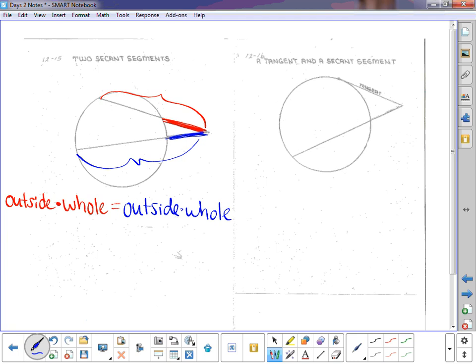Or outside times the entire. Outside times whole equals outside times whole. Okay, so inside it was piece times piece. Here it's outside times the entire segment length equals outside times the entire segment length.